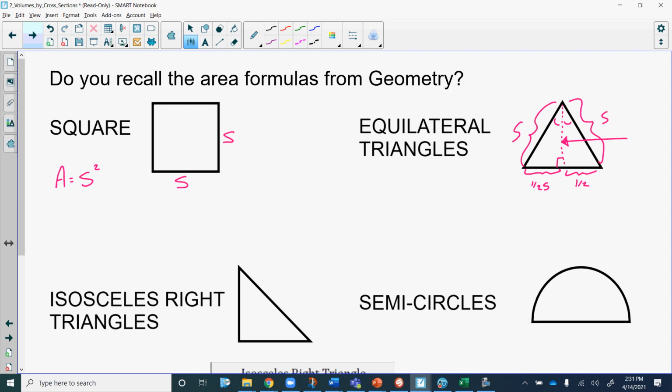That altitude is going to be the square root of 3 over 2, and I forgot to put an s here. So that would be the square root of 3 over 2 times the side, or s square root of 3 over 2, however you want to think of that to represent the height.